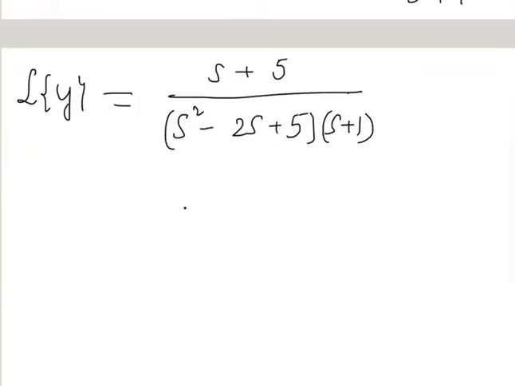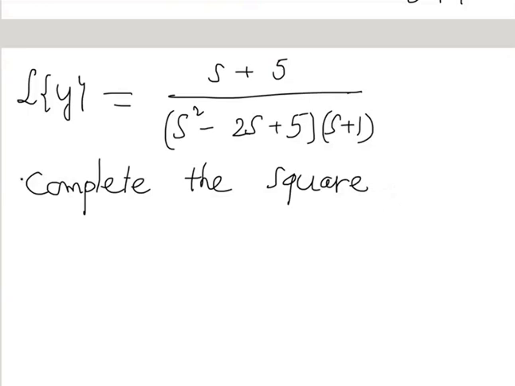As usual, we need to do partial fractions. First, we need to factor the quadratic s squared minus 2s plus 5, but we won't be able to factor it. Instead, we need to complete the square. So s squared minus 2s plus 5 as before.